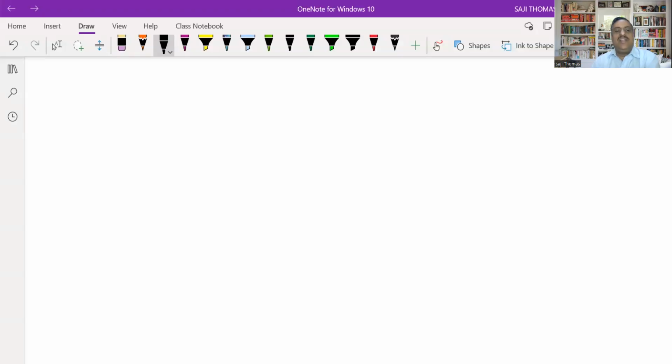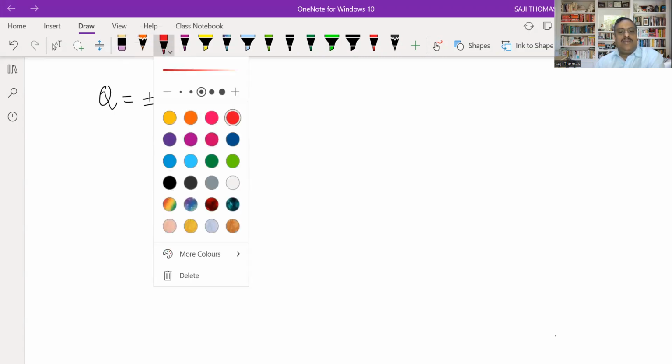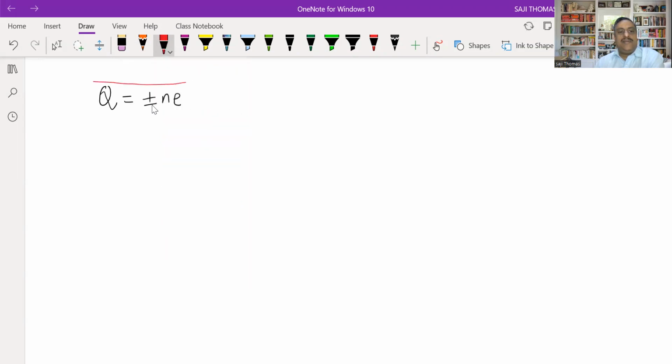So, quantization of electric charge, what is the basic equation? Q is equal to plus or minus Ne. Using this, I am going to calculate the number of charges in 1 coulomb of charge. So this is the formula. Q is equal to plus or minus Ne.